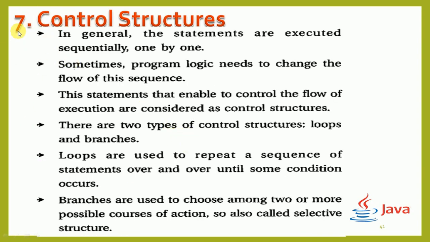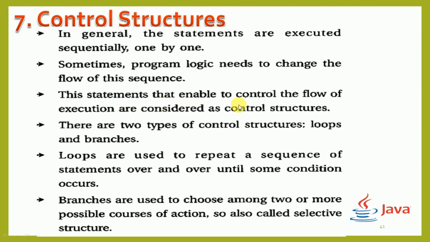After that, different control structures are given in Java that you can use in your program. Generally in programming, the statements are executed sequentially one by one: the first completes, then the second, then the third, fourth, fifth, like this. But sometimes the program logic needs to change the flow of the sequence. At that time you have to use control structures.